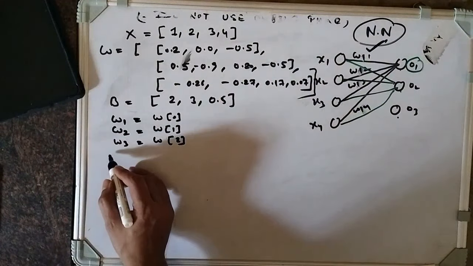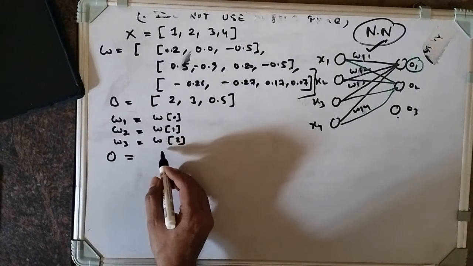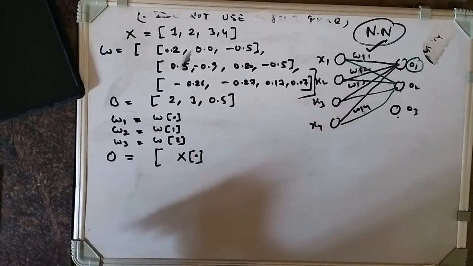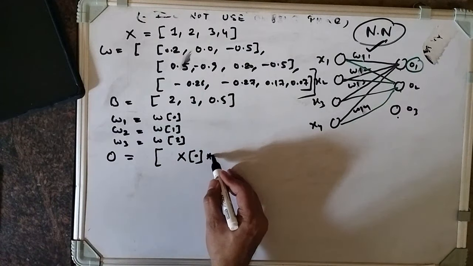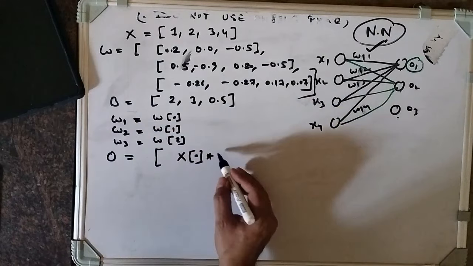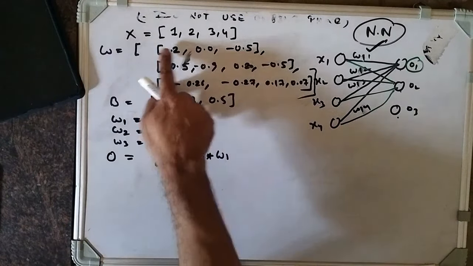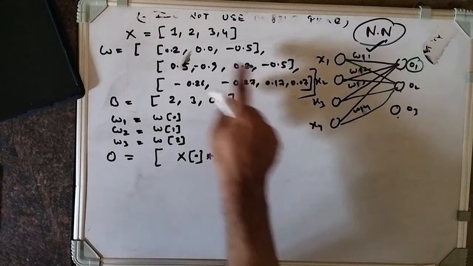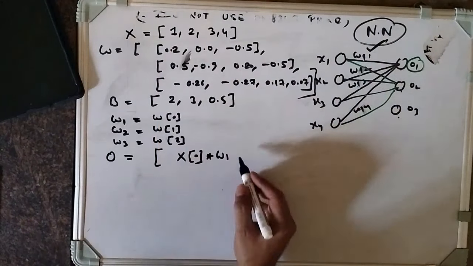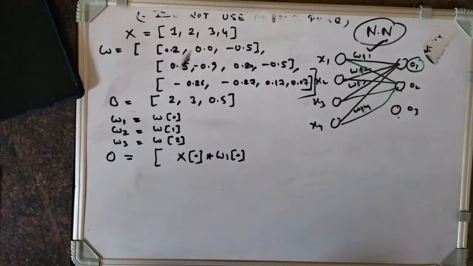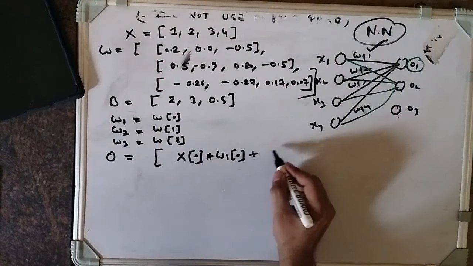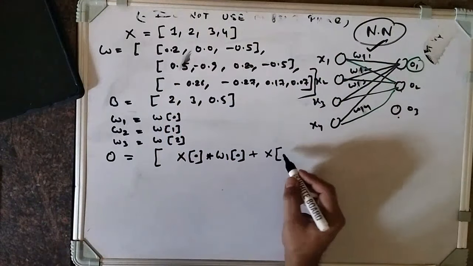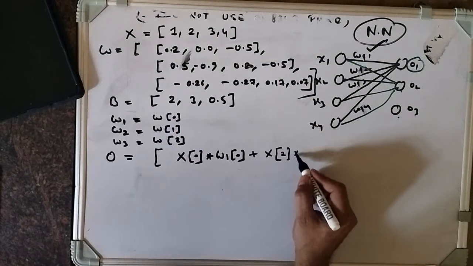Now I can write directly, O is equal to x means input, first element multiply the weight 1, means this, okay, and its first element means 0. Done. Similarly for other, x0 done, x1 2 into.